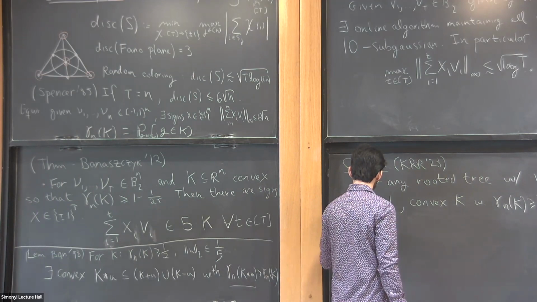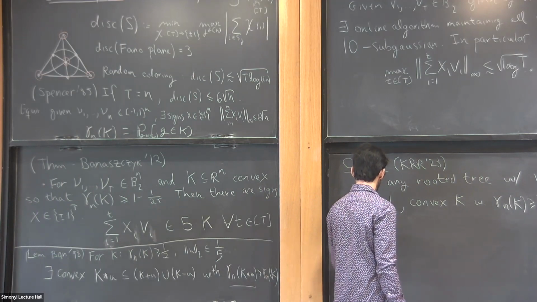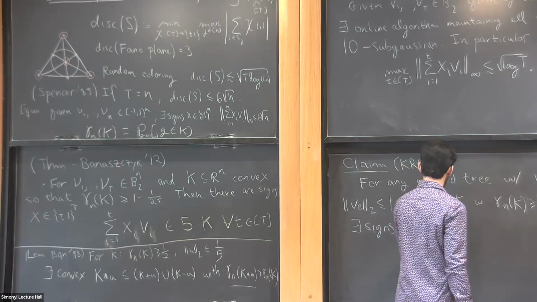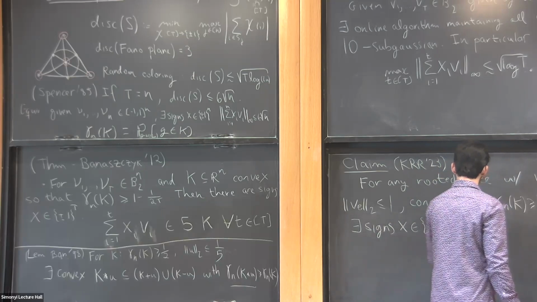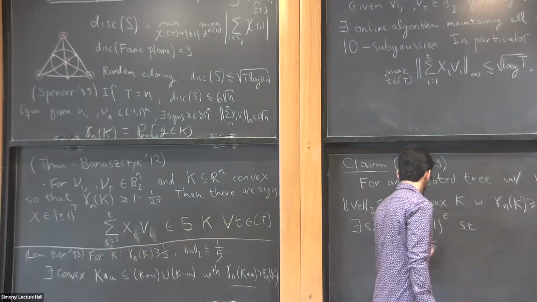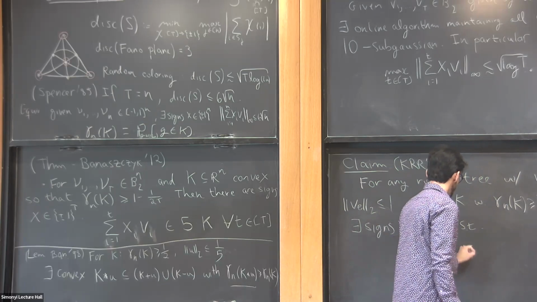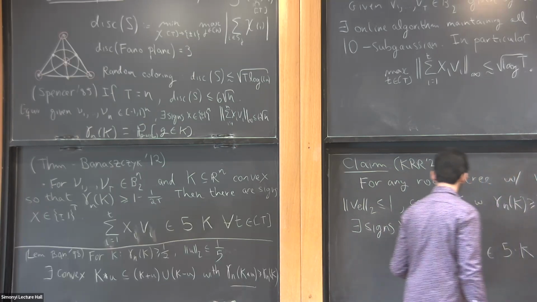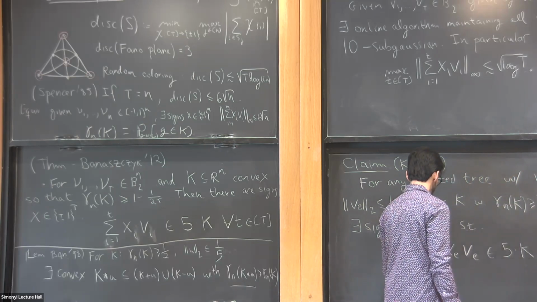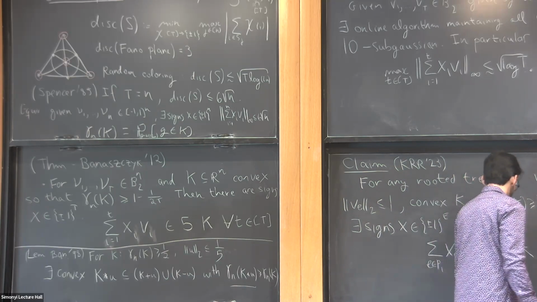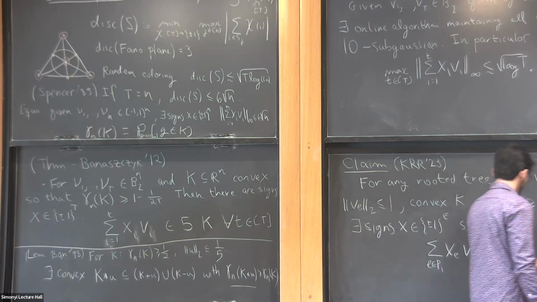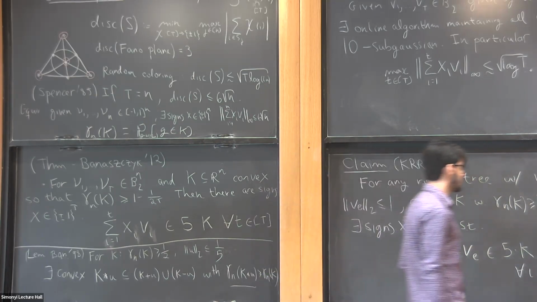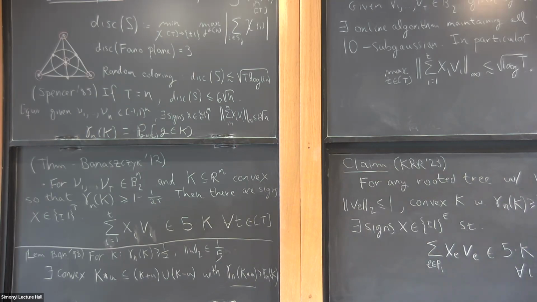So it claims that there exist signs so that these are all inside 5 times K for all I, where this is the root vertex path to I. So here the Banaszczyk theorem is essentially for a path graph.